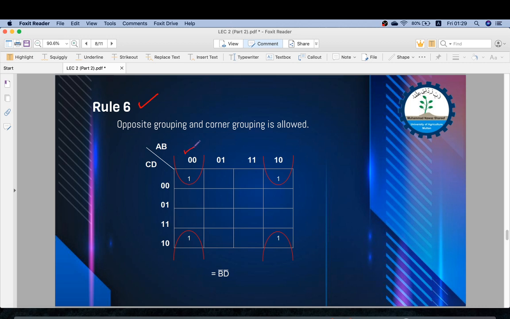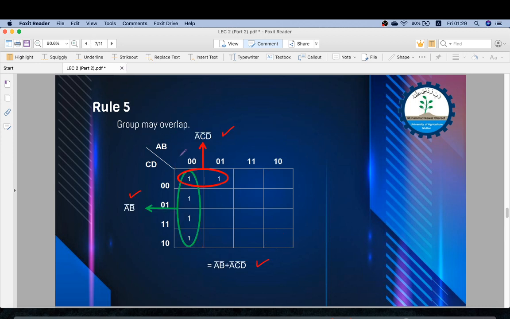You see these 4 cells, 1, 2, 3 and 4, are alone. In the previous slide, one cell was alone too, but the plus point was that there was another group, so we did overlapping and it was not alone.